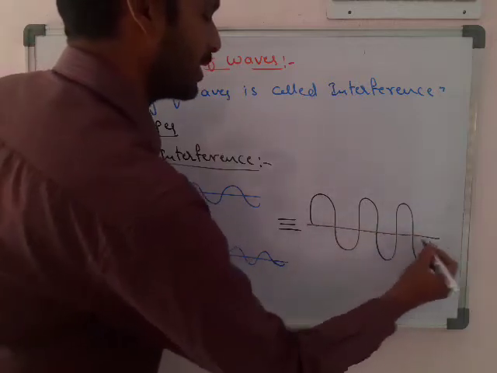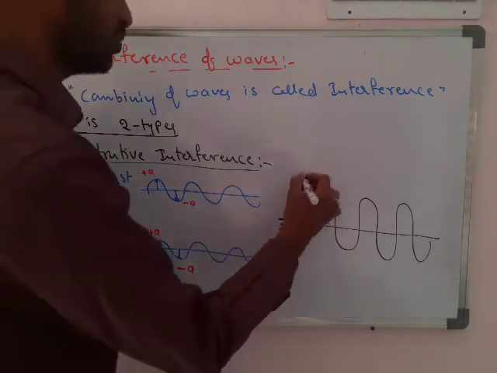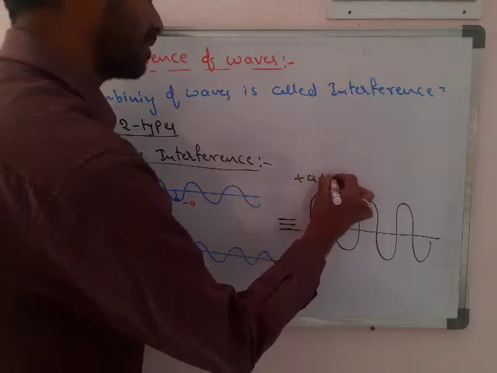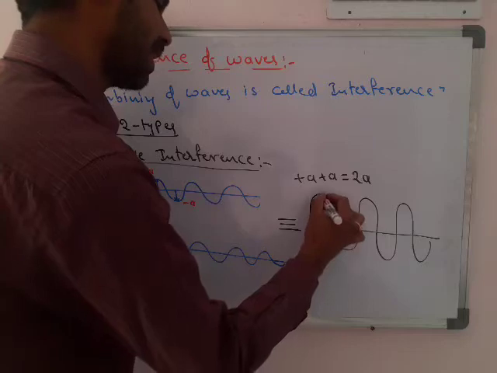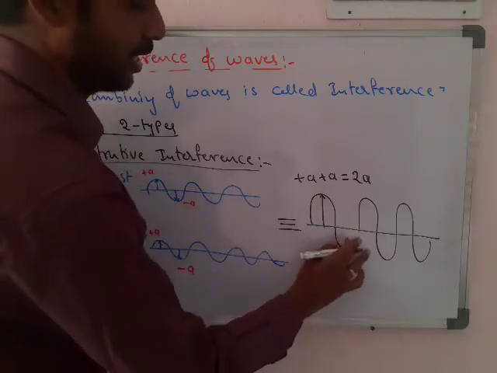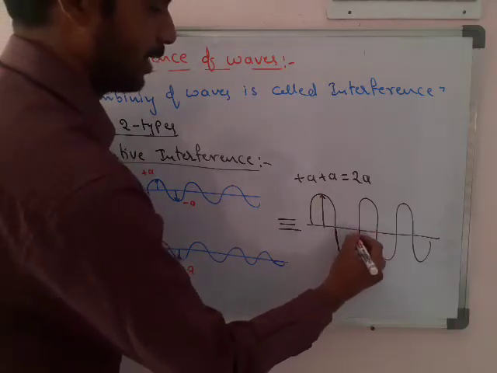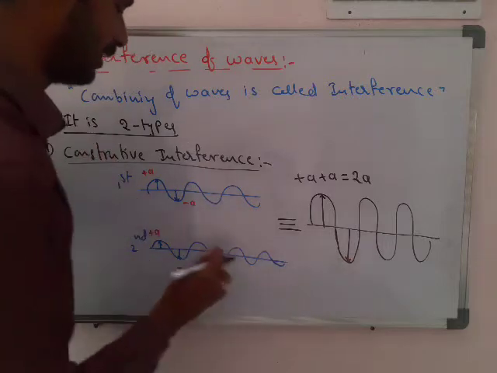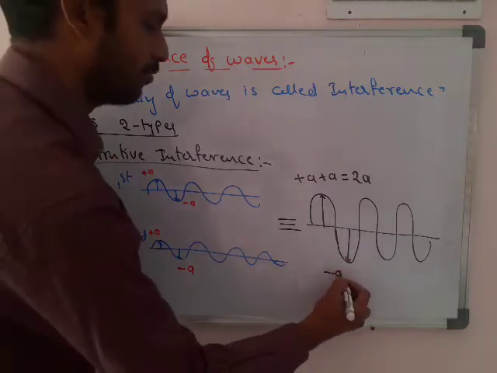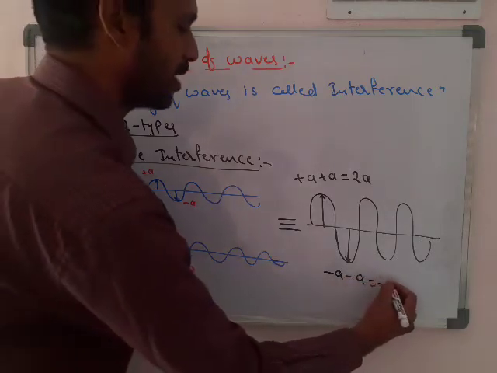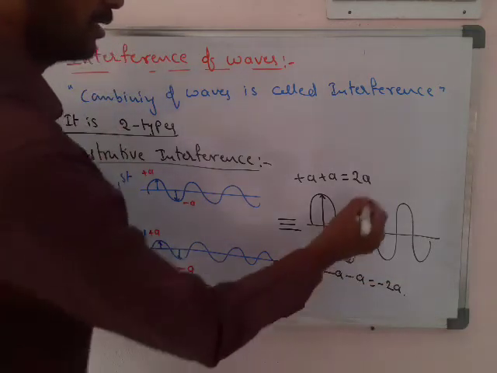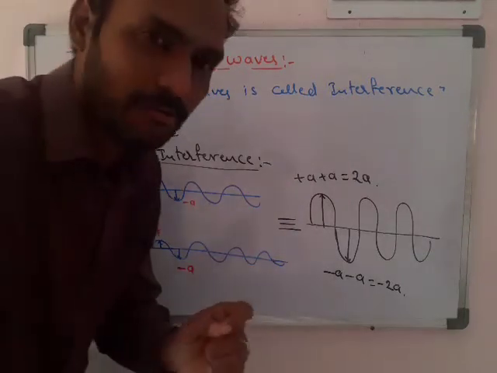How are we saying it is a big wave? This crest combined with crest, plus a becomes 2a. The crest height is 2a. Again, about the depth: the trough of the first wave combined with the trough of the second wave becomes minus 2a. So there is a perfect combination.